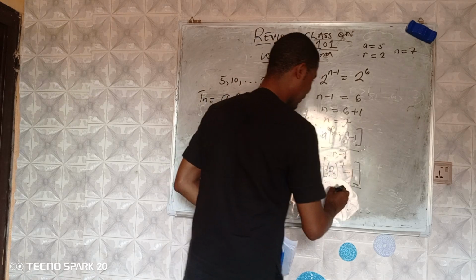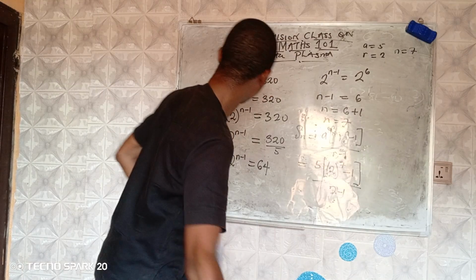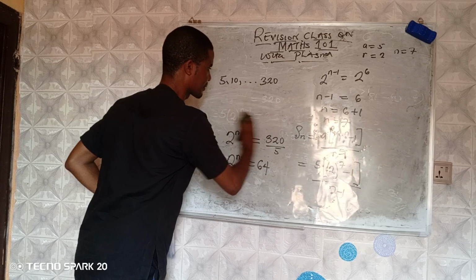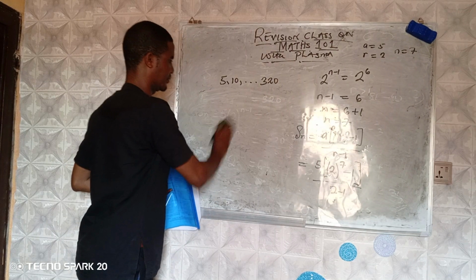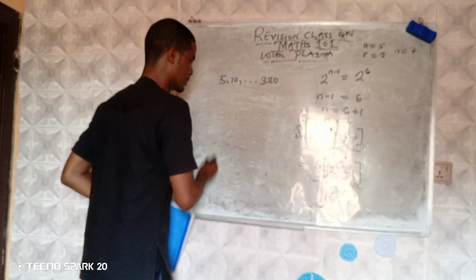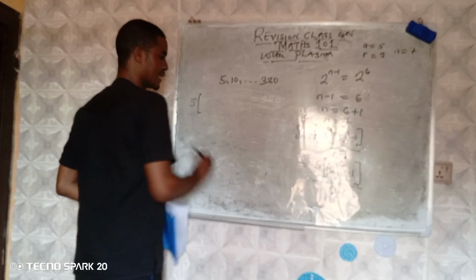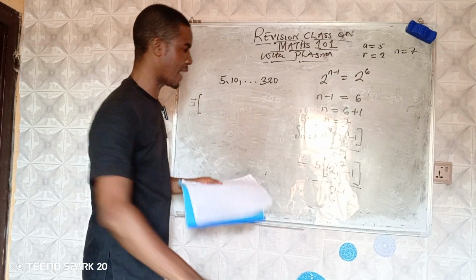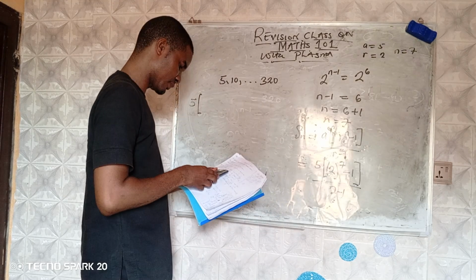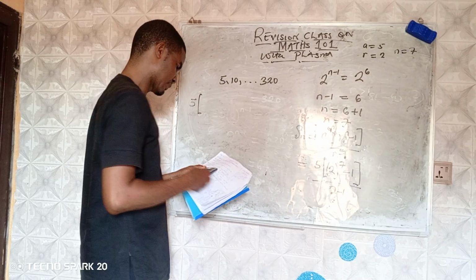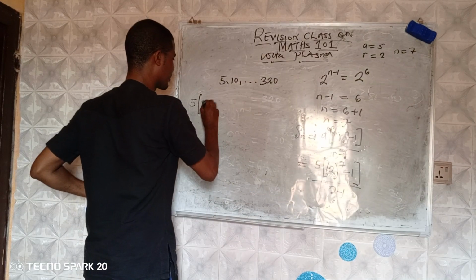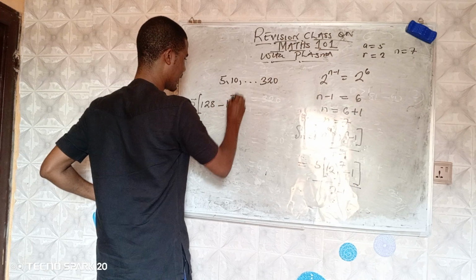So permit me to clean here. I'll be having 2 minus 1 is 1. So I have 5 into 2 raised to power 7, which is 128, minus 1.